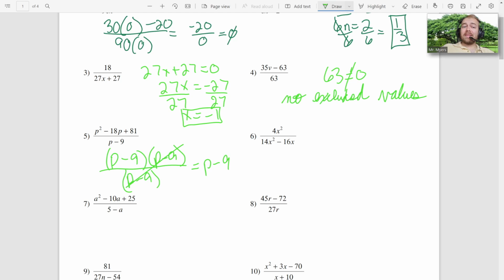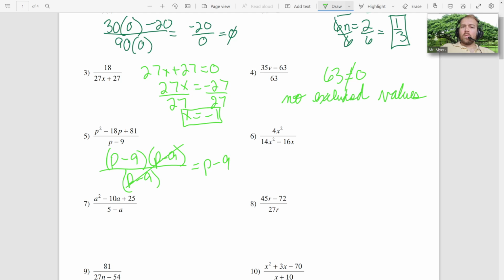If you do cancel it, like we just did here for number 5, the p minus 9's, there's no longer a vertical asymptote domain restriction. Now it's what's called a removable discontinuity, or a hole. When you cancel out something from the numerator and the denominator, it creates a hole in the graph. That's still a domain restriction, though.